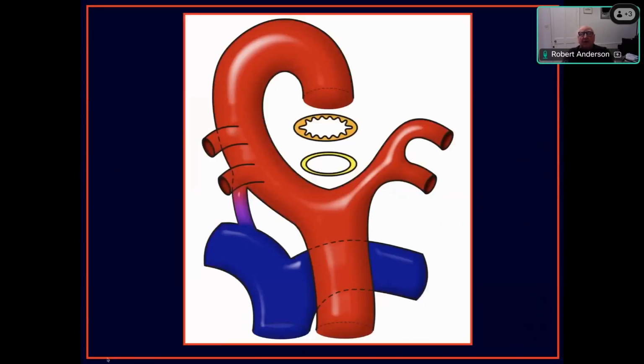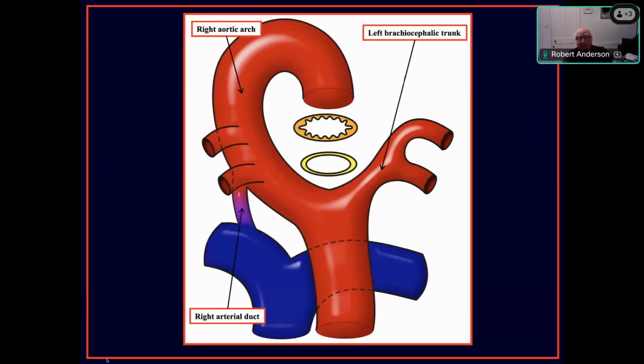We can also, on the basis of a hypothetical double arch, explain mirror-imaged branching of the aorta with a right aortic arch. So there is our right aortic arch. And of course, the first branch now is a left brachiocephalic trunk. I picture here a right arterial duct.